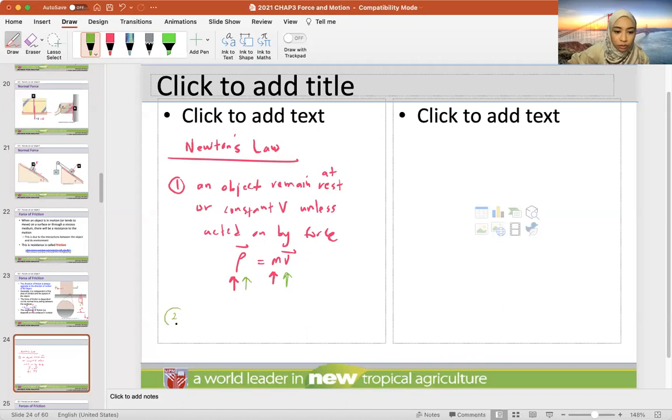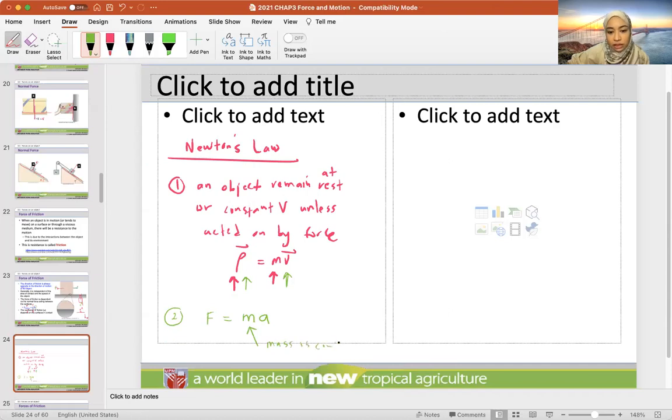And then what about Newton's second law? What did we learn? F equals to ma. When does this equation apply specifically? When our mass is constant.